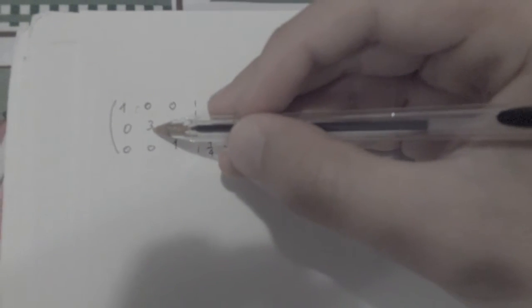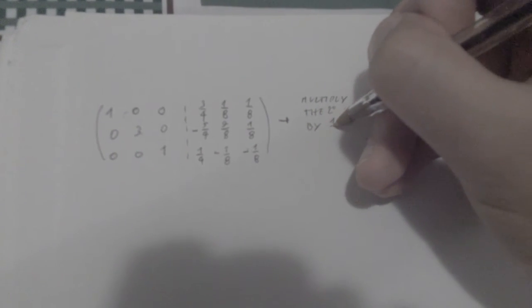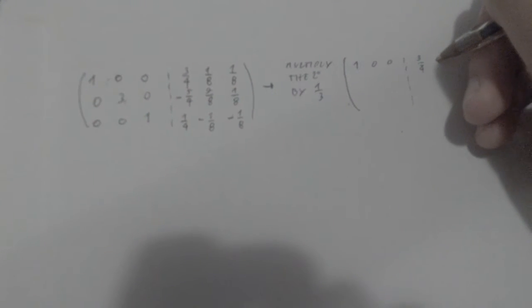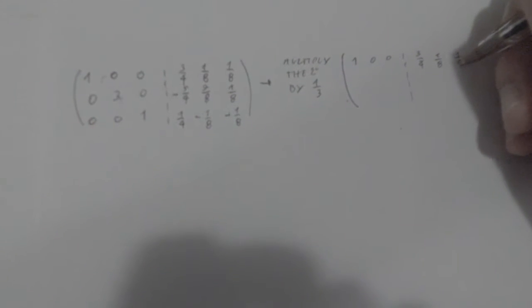We're really getting closer. We just want to get rid of this to have the identity matrix here. So we're just going to multiply the second by 1 over 3. And this way you're going to get rid of this annoying 3. 1, 0, 0, 3 over 4, 1 over 8, 1 over 8.